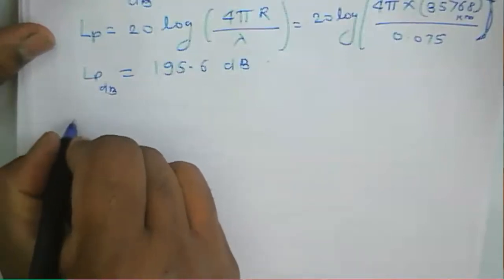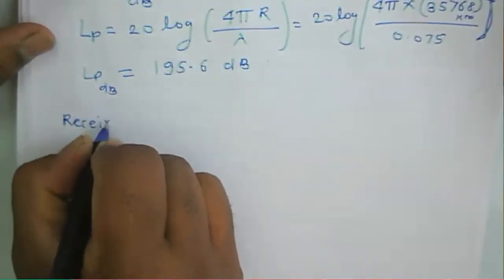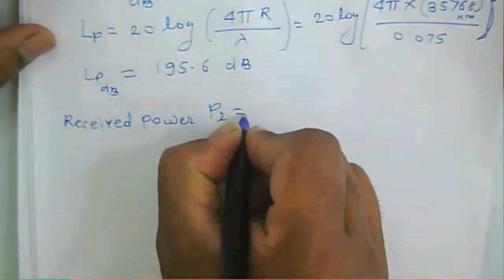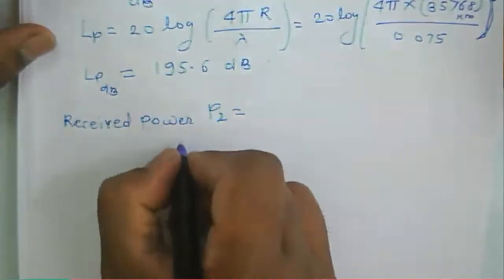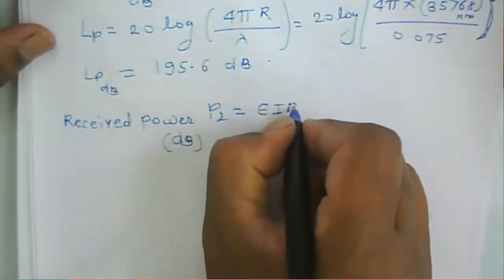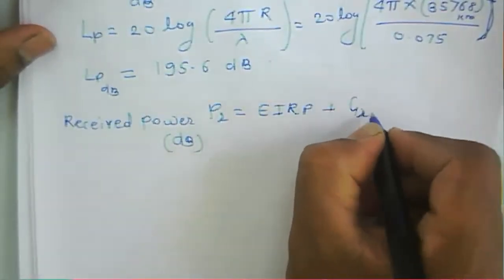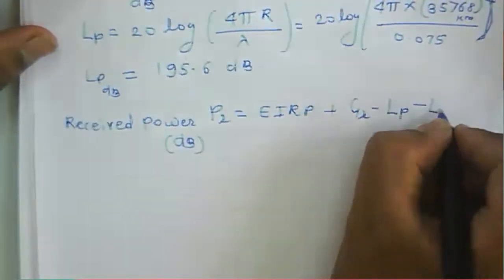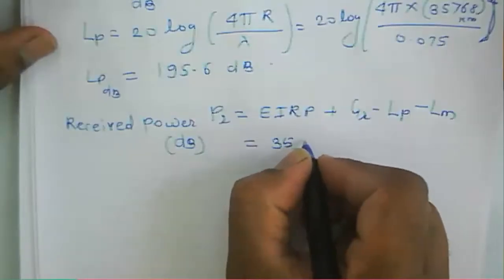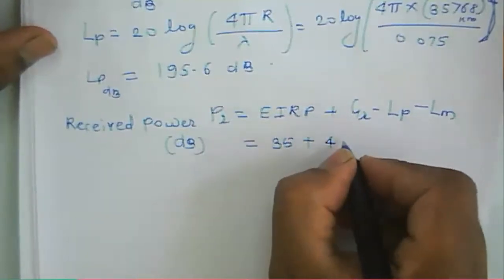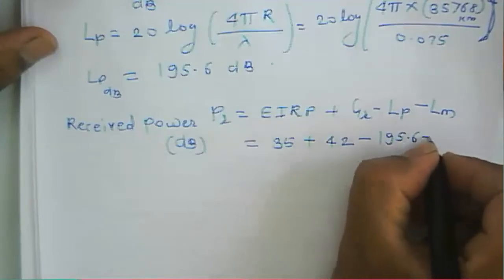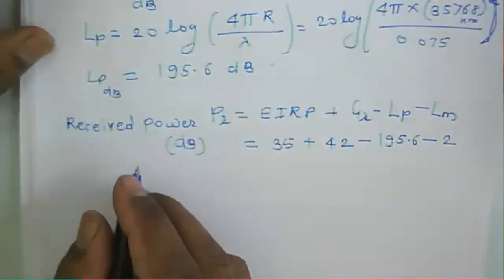So the received power PR, in dB, is equal to the EIRP plus GR minus LP minus LM. EIRP is equal to 35 plus GR, that is 42 here, minus 195.6 minus 2, that is the system margin loss.